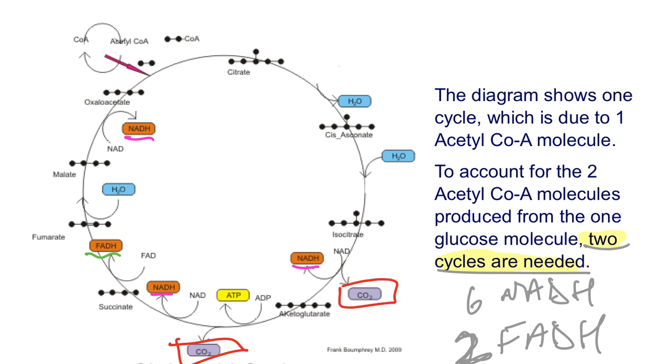So glycolysis produced 2 PVAs, which are those 3-carbon sugars, and then in the second stage, they were broken up. A carbon dioxide was given off, into 2 acetyl coenzyme A's, and you can only put 1 acetyl CoA in at a time into the Krebs cycle.